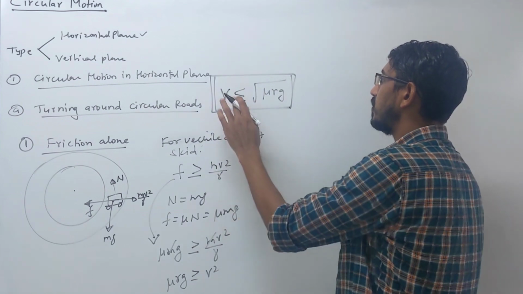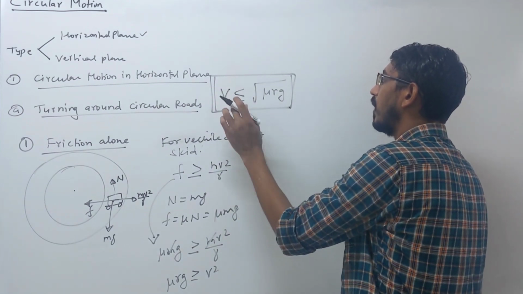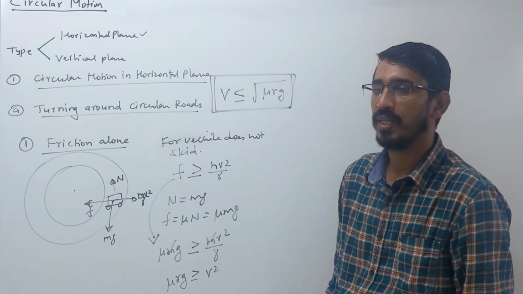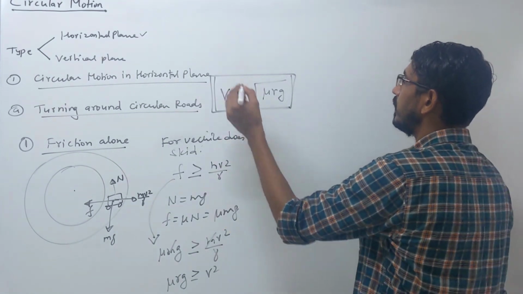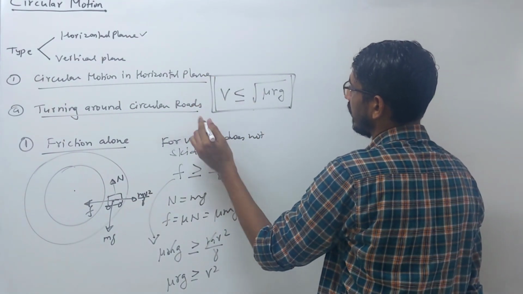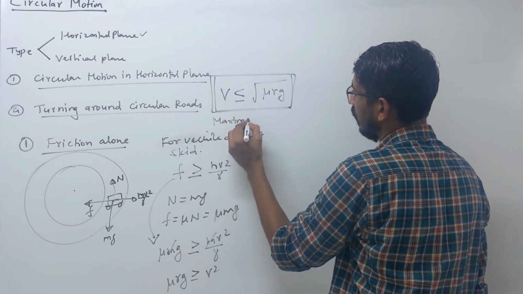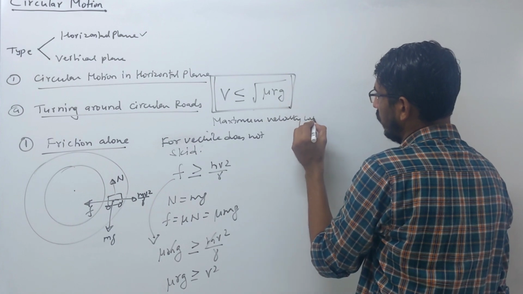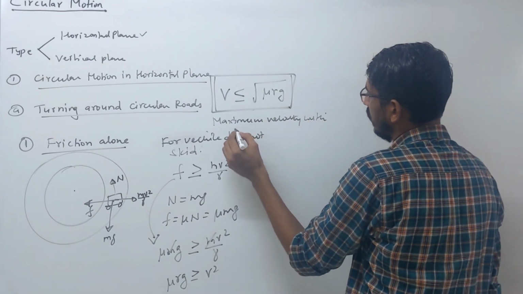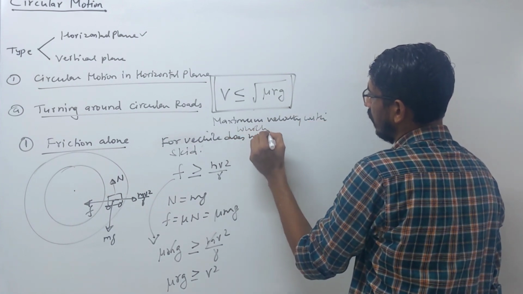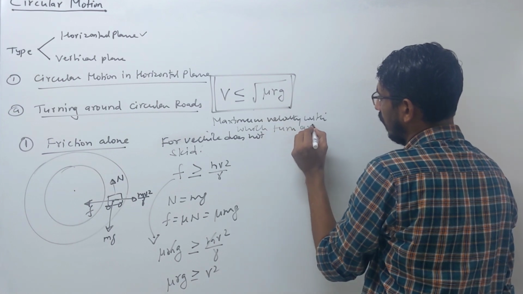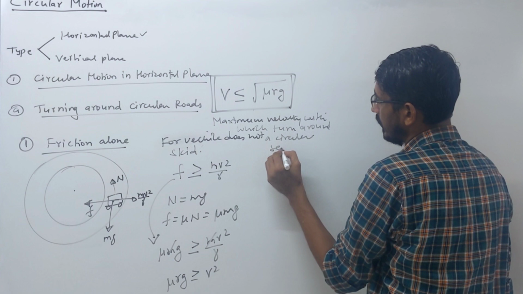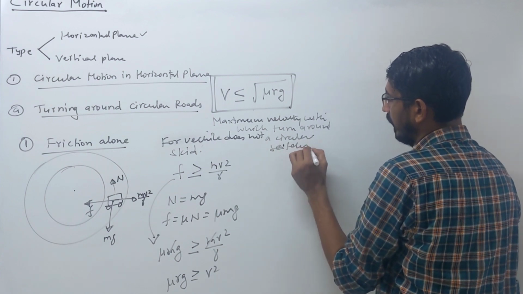A small formula but a very important formula. This is the maximum speed you can turn around a circular road so that it does not skid or slide on the road safely.